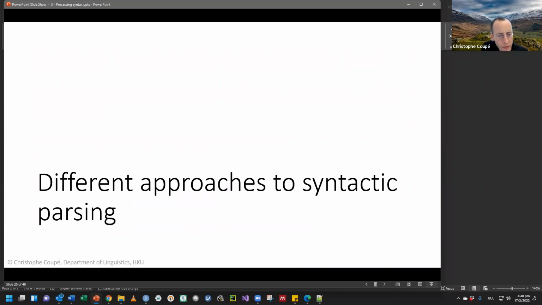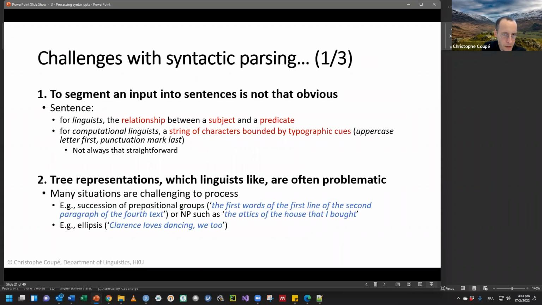And you might think of different approaches. The problem here is that linguists are very different from computers. If we consider something like a sentence, for linguists, sentences are specific objects.